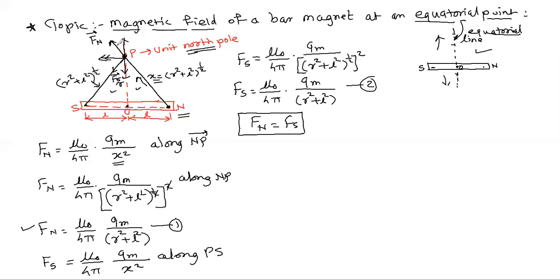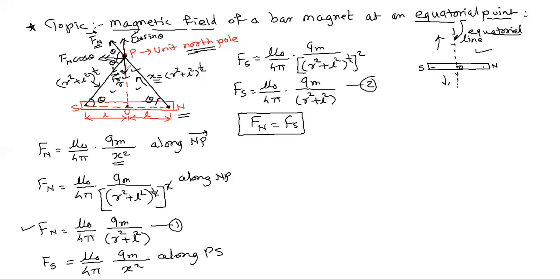Now here the interesting fact is that these two components are exactly opposite to each other. Now consider this angle is theta and this angle is also theta. This angle is theta, so this angle is theta, alternate interior angles. This angle is theta, therefore this angle is theta, corresponding angles. So if I apply this for the force due to the north pole, that is Fn, then I can write this component of Fn is Fn cos theta and this will be Fn sin theta.